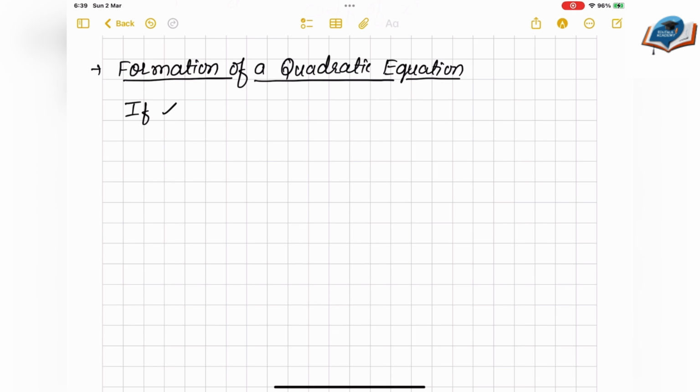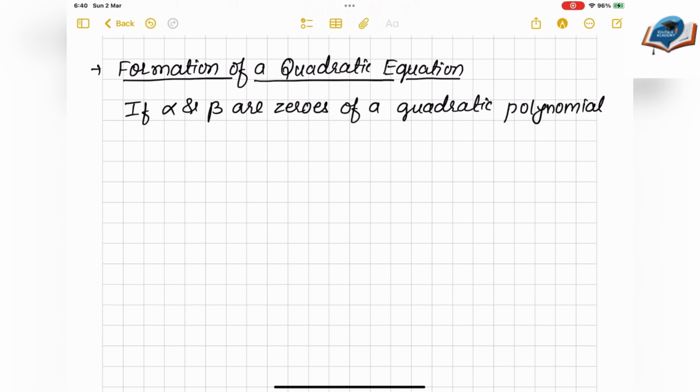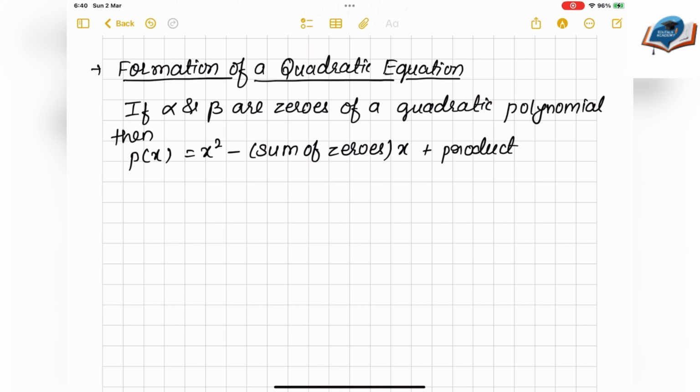If alpha and beta are zeros of a quadratic polynomial, then p of x will be equal to x square minus sum of zeros into x plus product of zeros.